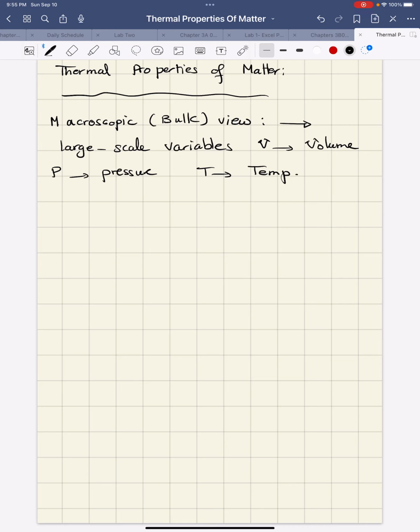Now the microscopic point of view is talking about small scale variables.